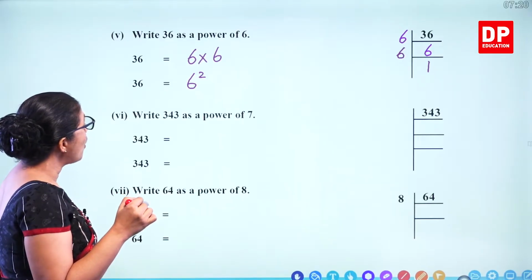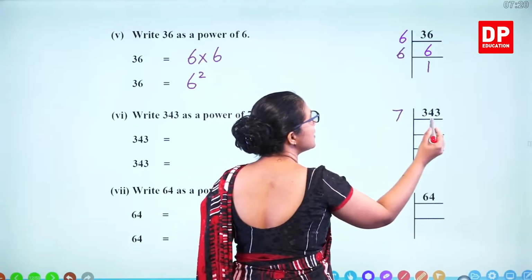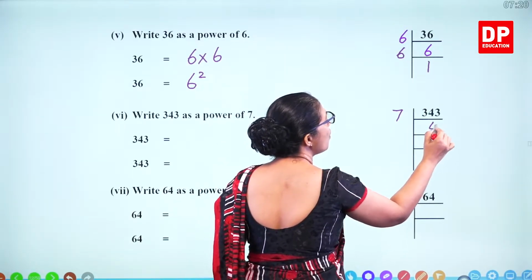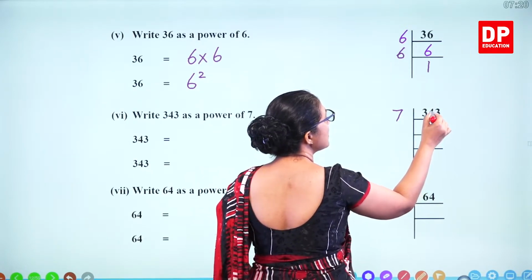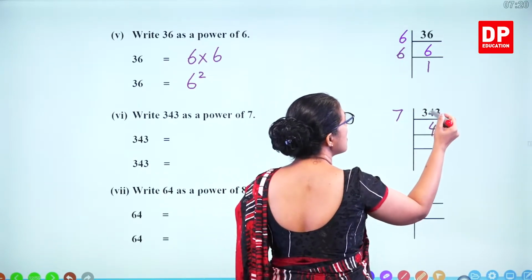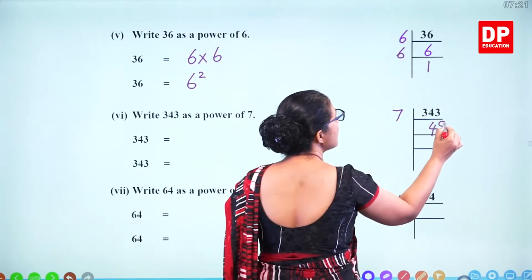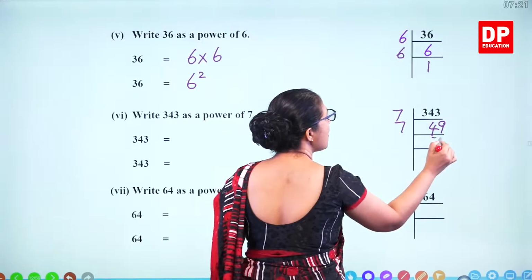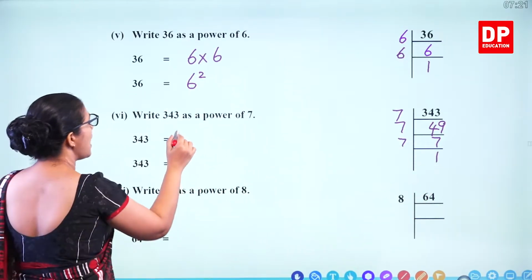Write 343 as a power of 7. Divide by 7. 7 times 4, 28. 28 and you get 63. 63 means 9. 7 times 7 and 7 times 1. 7 three times.